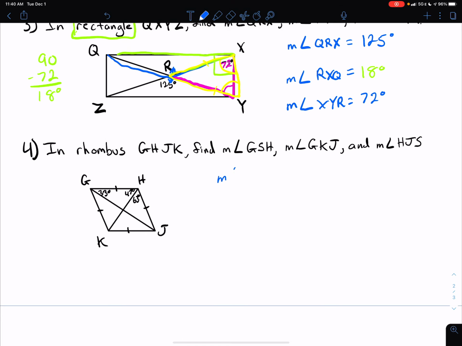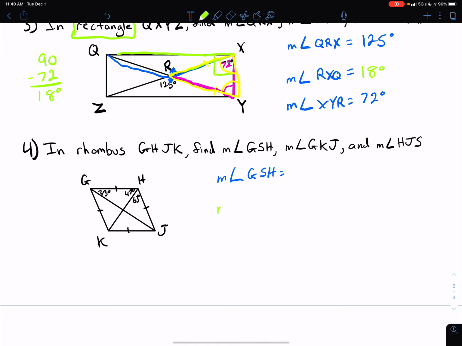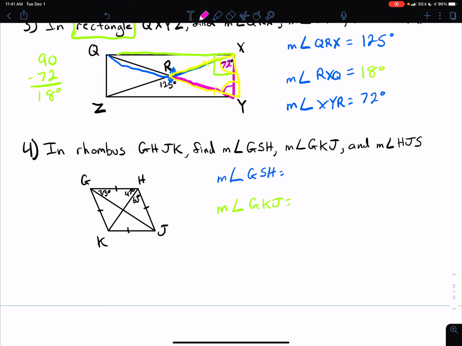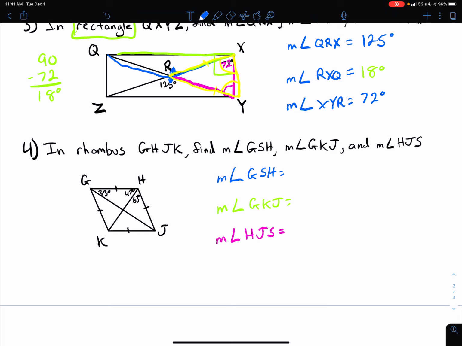So the measure of angle GSH, the measure of angle GKJ, and lastly, the measure of angle HJS. All right, so let's start with the first one, GSH.